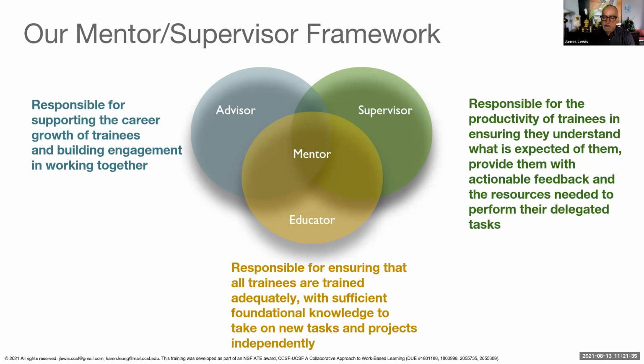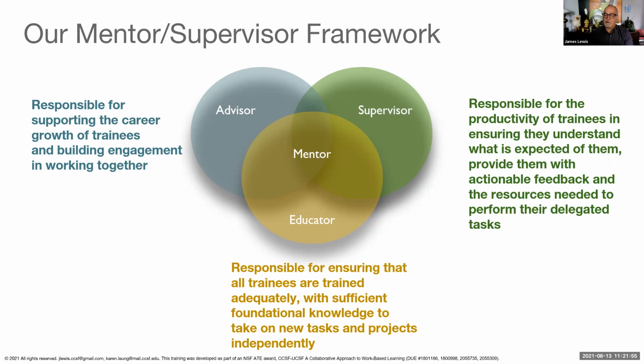In our experience with the mentors at UCSF, and we recognize something very similar at play when talking with the CCSF supervisors, there is a tendency to embrace mentoring enthusiastically as it relates to the advisor role and the educator role.